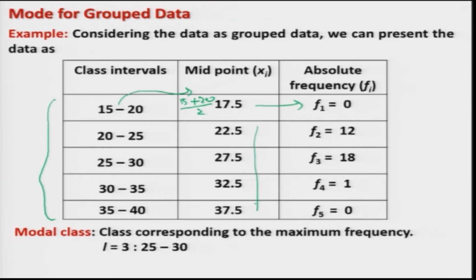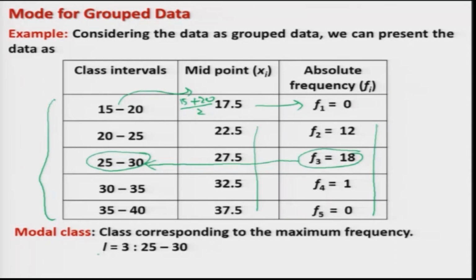Similarly, other midpoints and their corresponding frequencies have been calculated. Out of these, f3 equal to 18 is the maximum frequency. The modal class is the class corresponding to the maximum frequency, so here 25 to 30 is going to be the modal class.